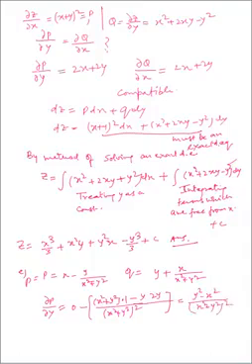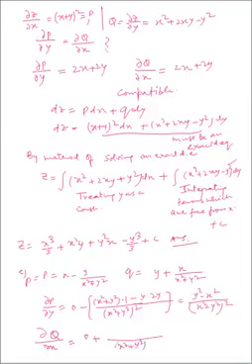Then we do del q over del x, which is equal to, y's derivative is 0, plus (x square plus y square) whole square, then (x square plus y square) into 1 minus x into 2x.